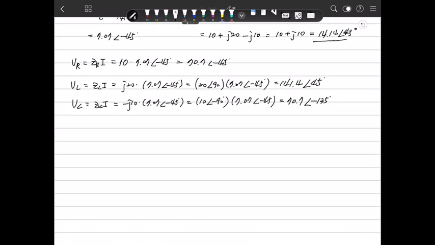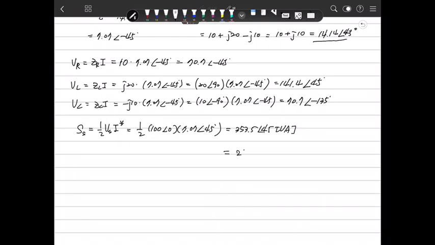So we are ready to calculate each component's complex power. At first, we calculate the complex power of the source. That is half Vs times I conjugate. Vs is 100 at 0 degrees and the current is 7.07 at minus 45, but conjugate, therefore plus 45 degrees. So the result is 353.5 at 45 degrees VA.